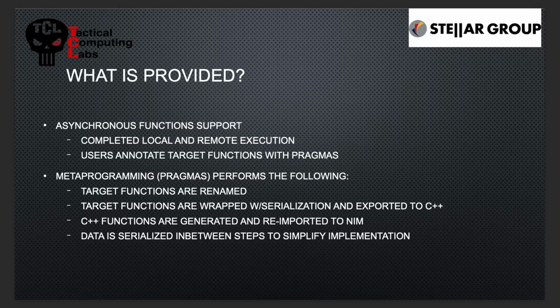Those C++ functions are then pulled back into Nim and wrapped one more time so that when you pass an argument to Nim, your arguments to your functions get serialized into a string. That string gets passed to a C++ function that executes your code by deserializing your arguments and calling the Nim code underneath. So to some degree, there's a bit of an onion peeling exercise that gets performed by the compiler in order to make all of this work.